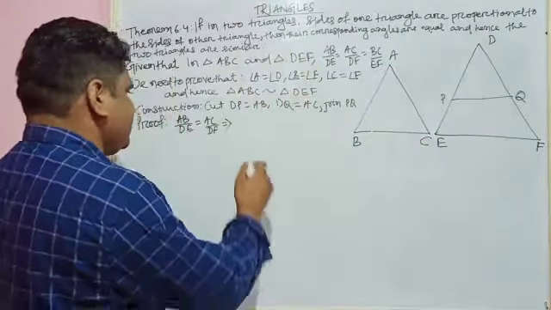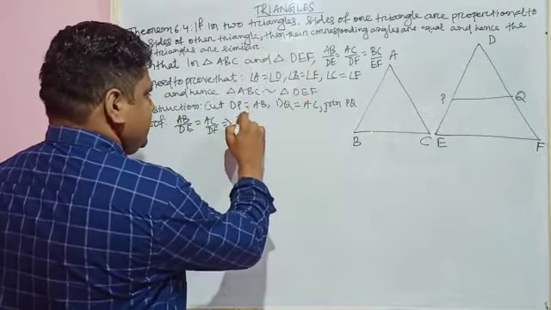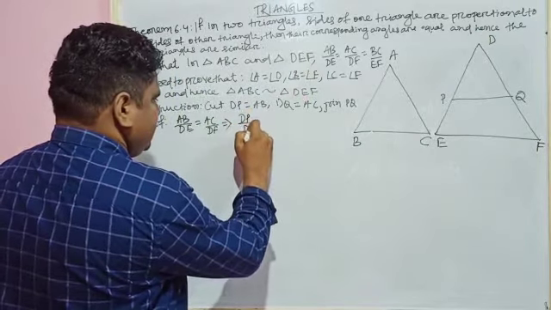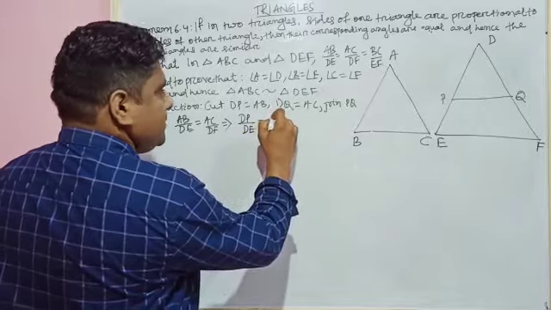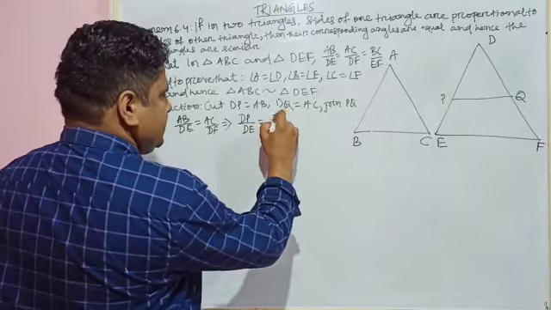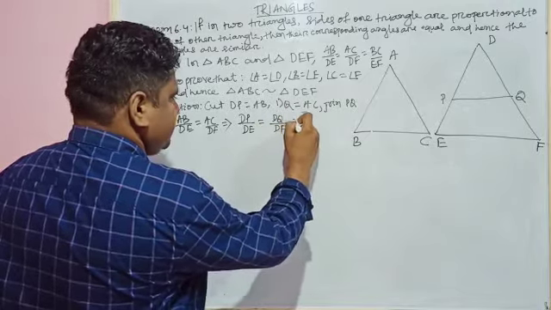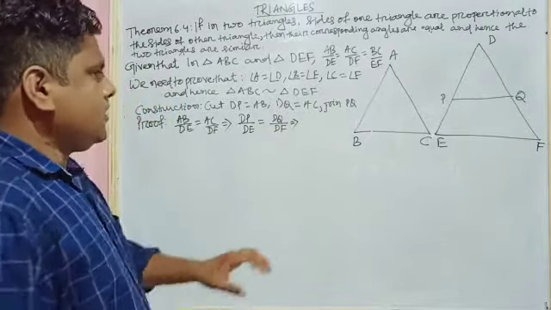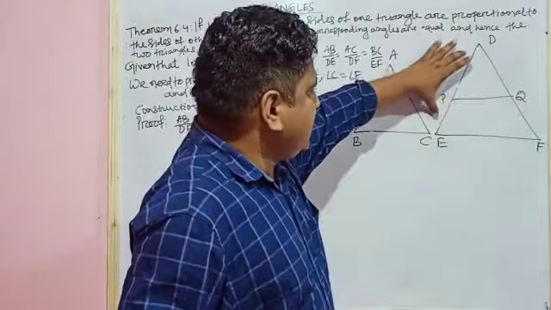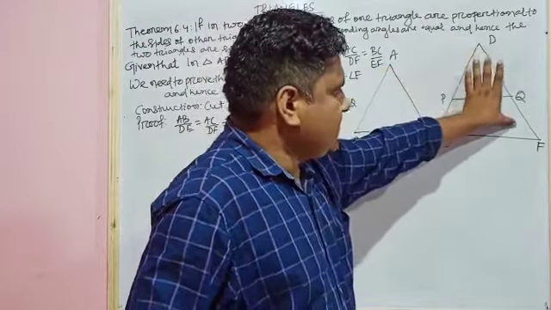So it will be DP by DE is equal to DQ by DF. We got DP by DE is equal to DQ by DF.